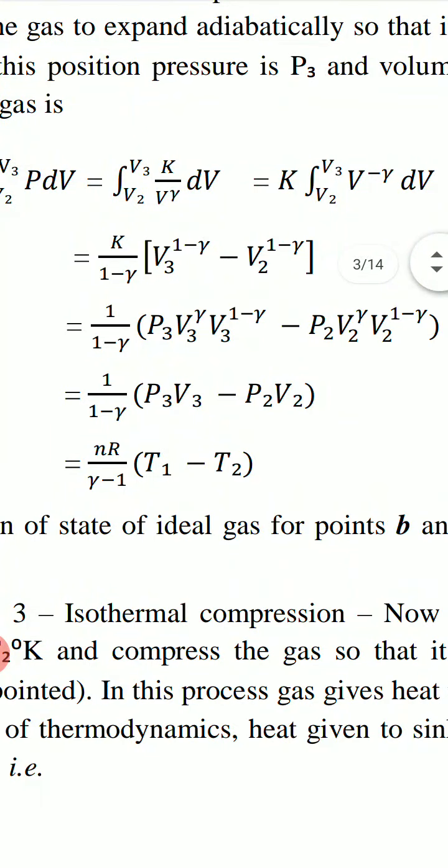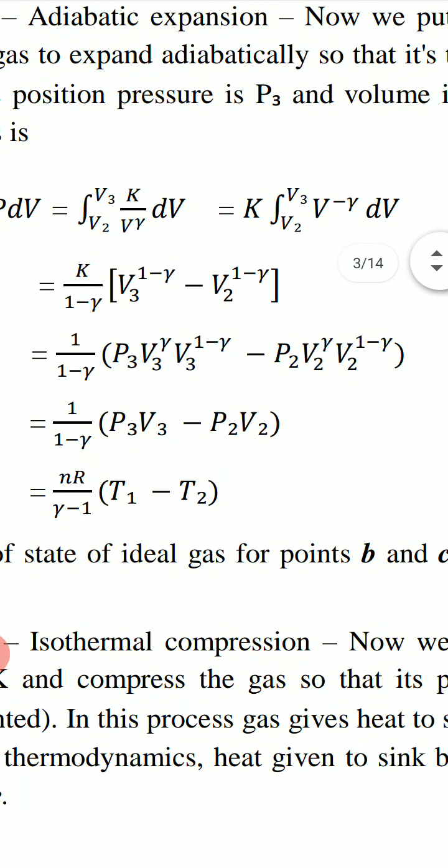In the first term, where we have V3 to the power 1 minus gamma multiplied by K, we put the value of K equal to P3 V3 to the power gamma. And in the second term, where we have V2 to the power 1 minus gamma multiplied by K, we use the value of K as P2 V2 to the power gamma.